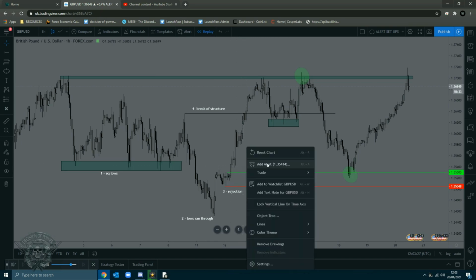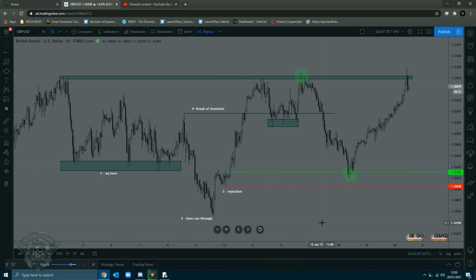You right click, add alert, accept it, and then you've got the price alert there. When price comes down to this point, you get alerted on your phone if you've got the notification set up on the TradingView app. It'll also send a notification to your email. When it gets down to this point, you can get on the charts and look at what's going on here. You can break it down a bit better than this as well, to get a better entry.